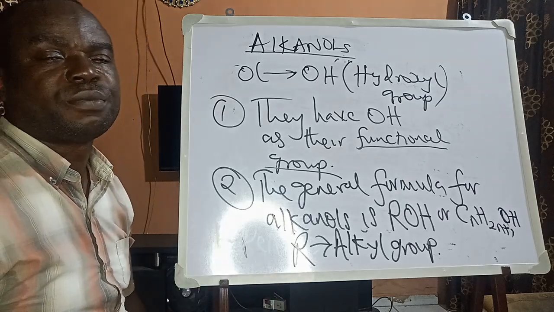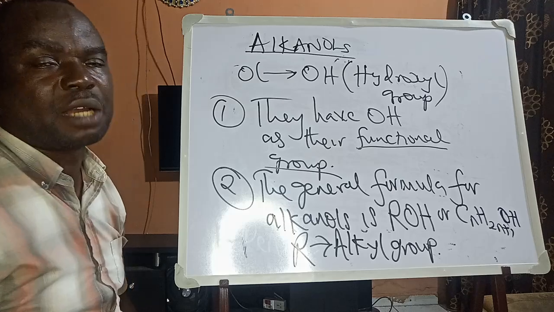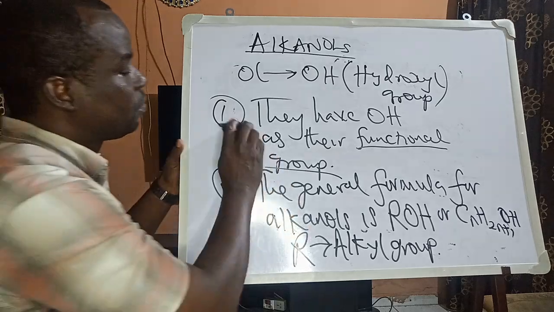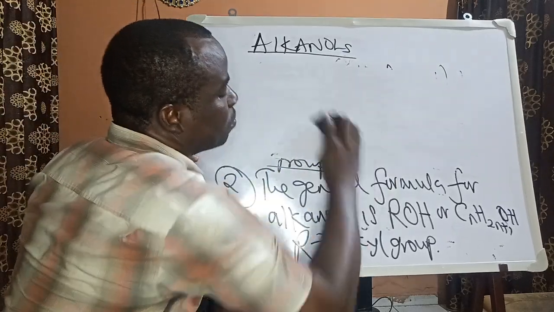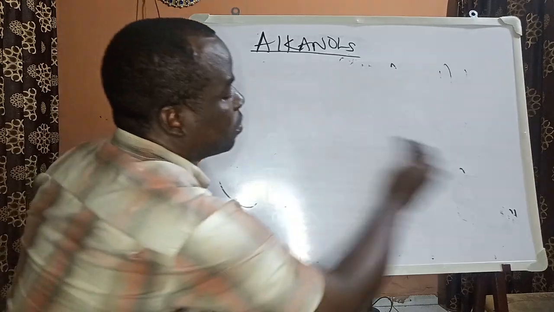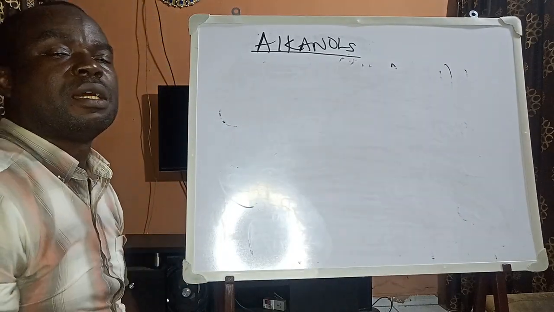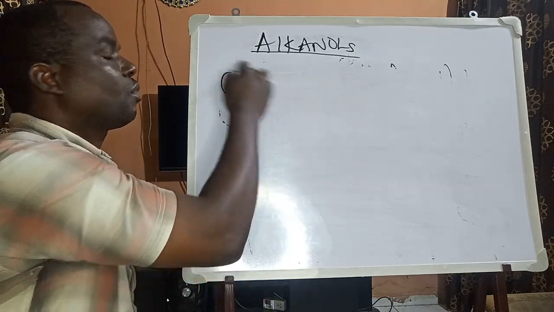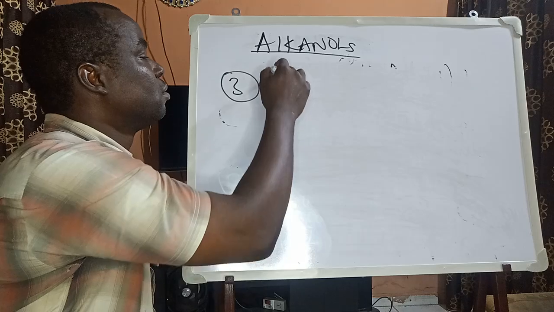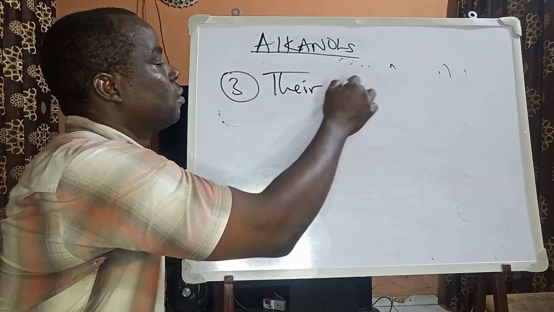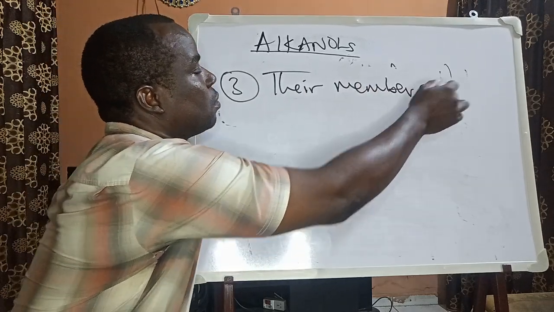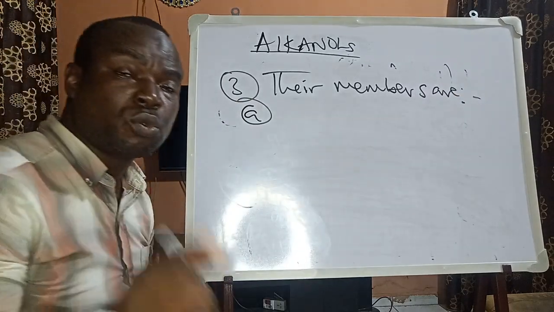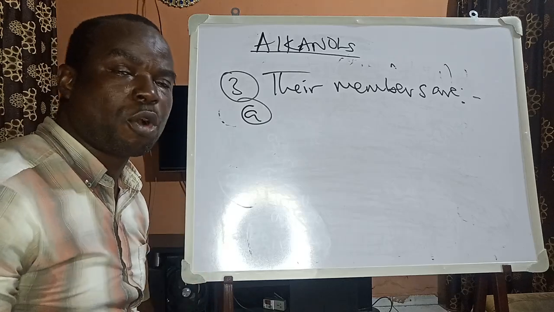Now, very quickly, we will go to the third key point of this lesson, where we'll be talking about listing down the members of the ALKANOL family, and then drawing their structures. Now, the first member of the ALKANOL family, remember what I taught you in the first video, met, et, prop, boot, and the rest of them.